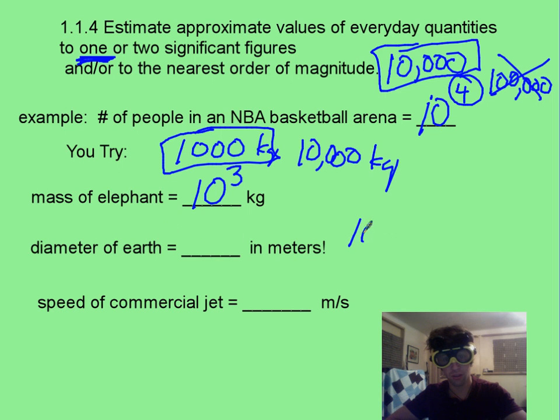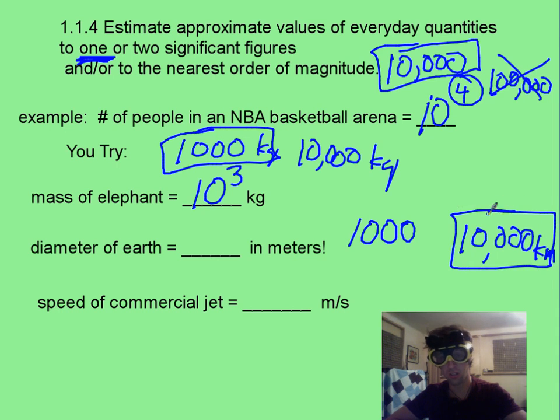Earth, I think the Earth is probably somewhere between 1,000 and 10,000 kilometers across. I think it's closer to 10,000, so that's going to be 10 to the fourth, times 10 to the third, because I'm going from kilometers to meters. So that's going to be 10 to the seventh.